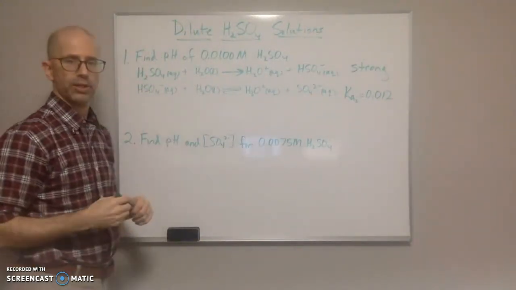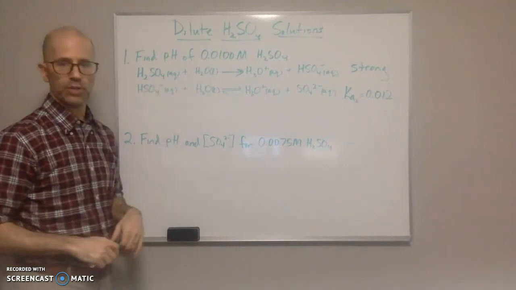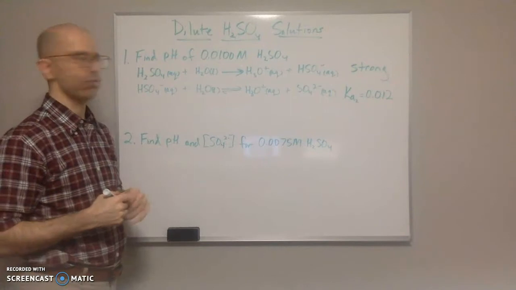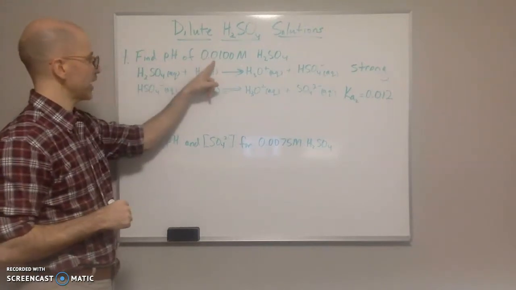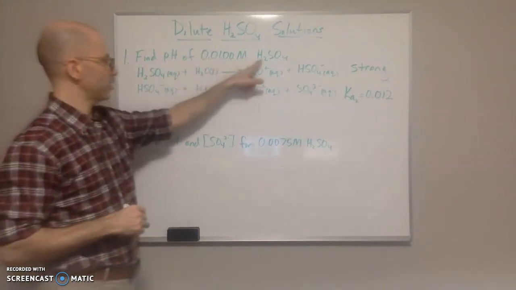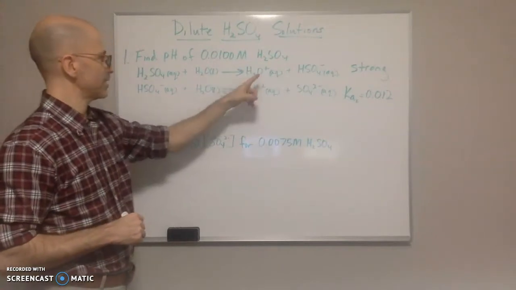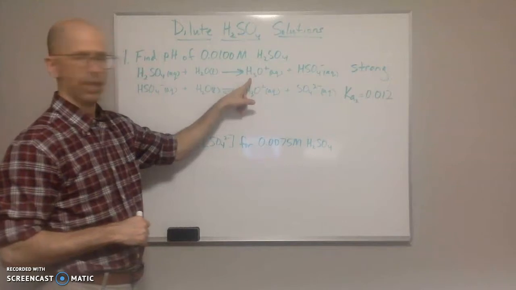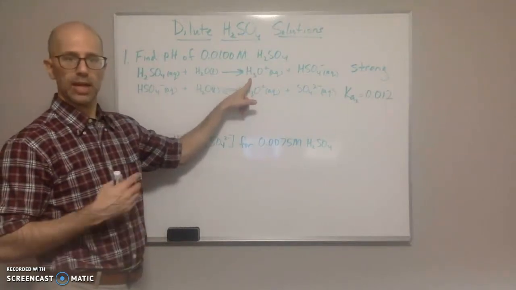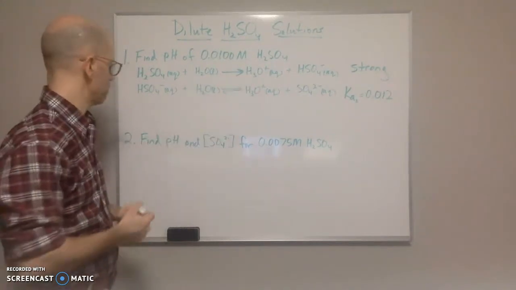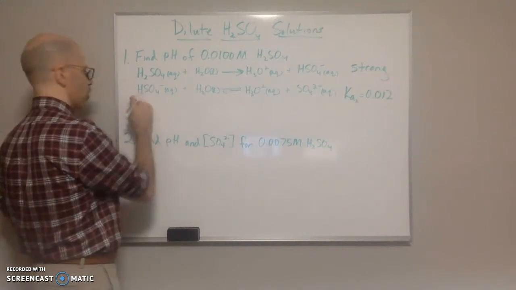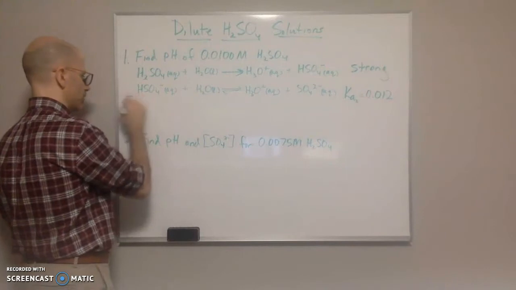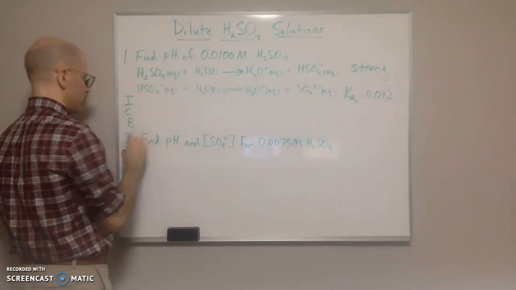And so since we know that the first proton is going to come off completely, we can use the starting concentration of the H2SO4 as the concentration of HSO4 minus and the H3O plus concentration to begin with. So let's do that. We're going to look at this equation here, and we're going to set up our ice chart.